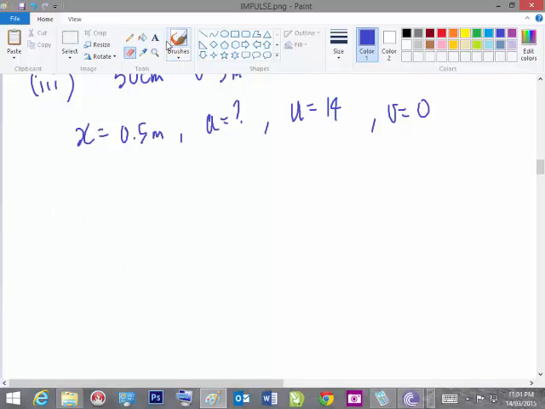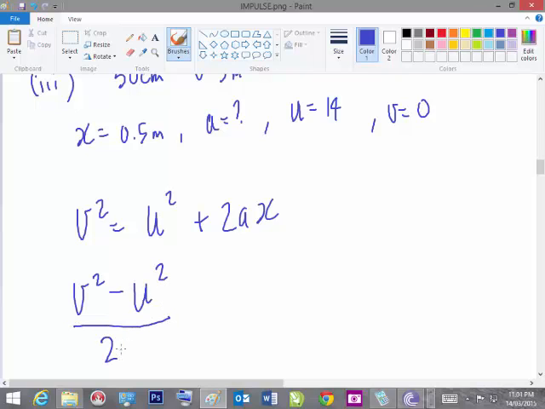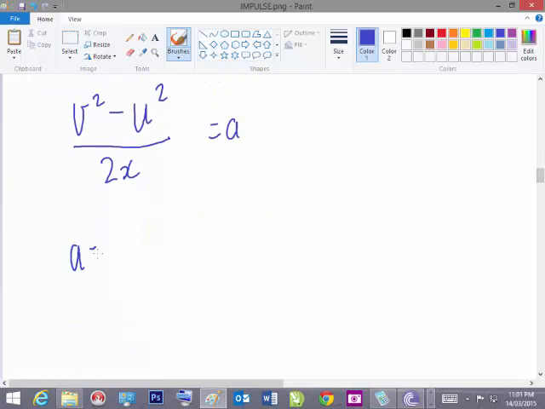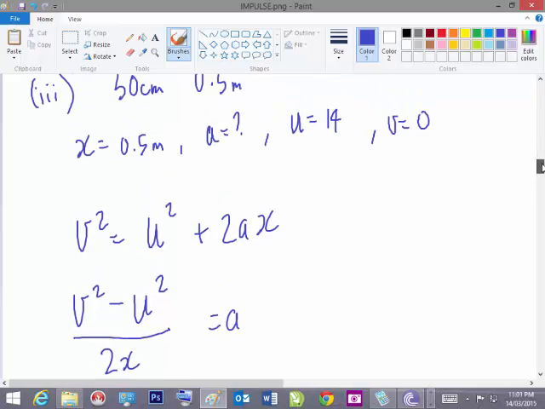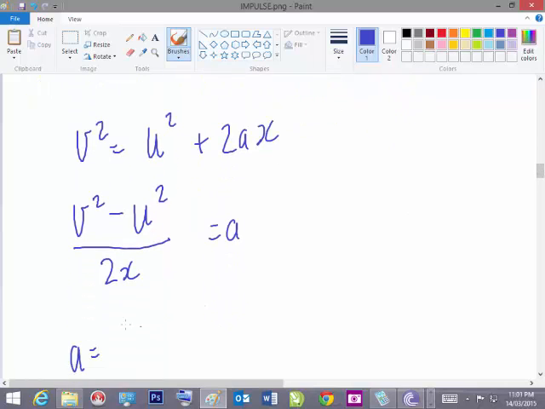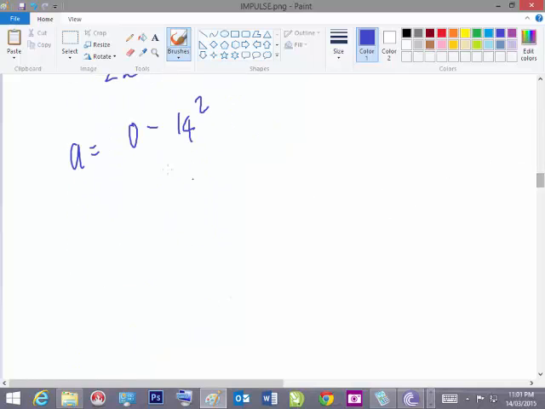Right, so we have to use v squared equals u squared plus 2ax. So we transpose: v squared minus u squared over 2x gives us a. a is equal to v squared, which is 0, minus u squared, 14 squared, over 2 times 0.5.